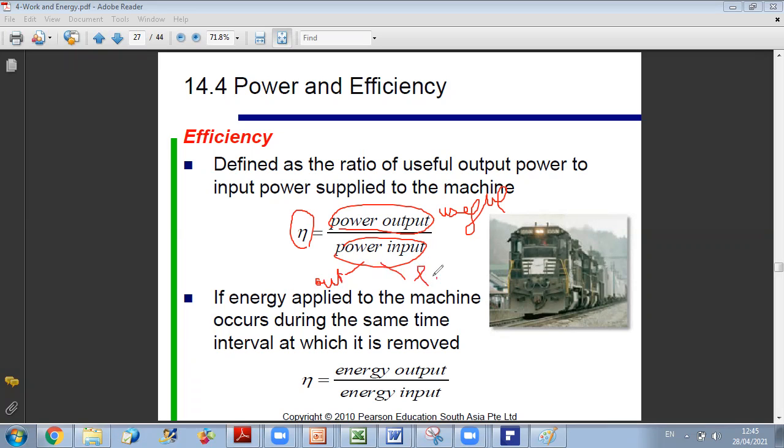So in general, each machine is characterized by a certain efficiency, defining the ratio of useful over total power supplied.